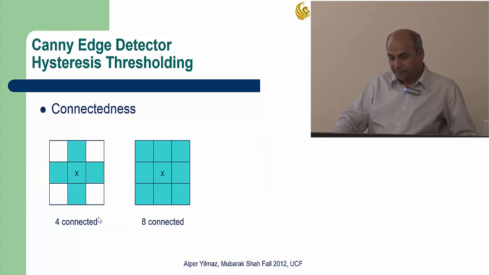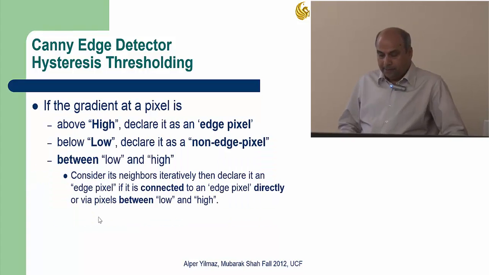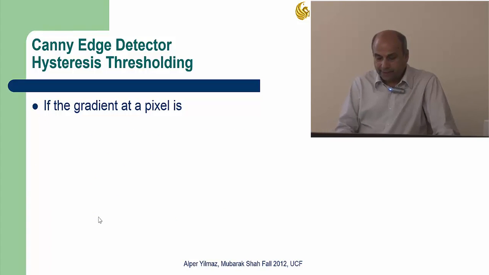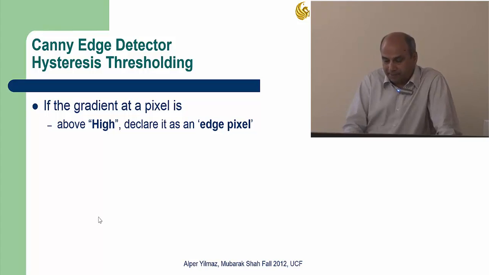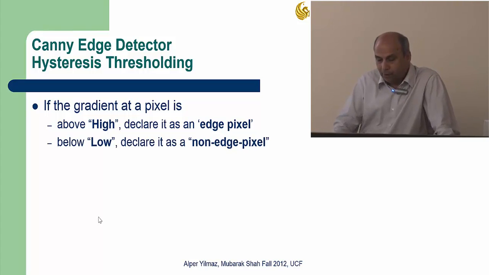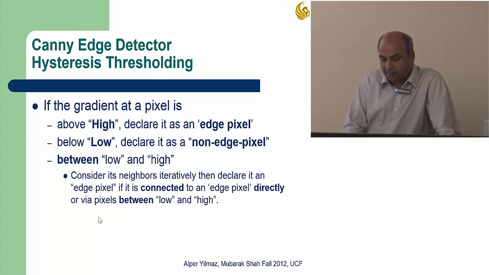And that's what is explained here. If the gradient at a pixel is above high, declare it as an edge pixel. Below low, declare it as a non-edge pixel.